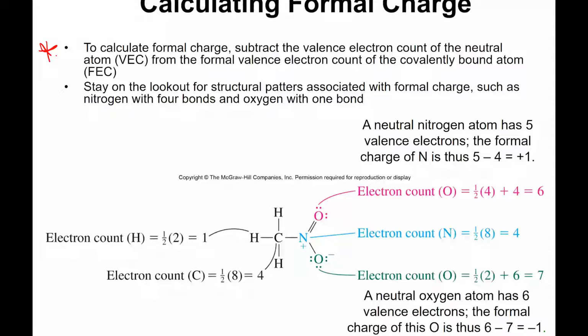So for hydrogen, for example, hydrogen's normal valence electron is 1. 1 minus 1, 0. It has 0 formal charge. That makes sense. There's no positive charge on it or negative charge here. For this carbon, carbon normally has 4 valence electrons, and the number we calculated for it here was 4. So 4 minus 4 also equals 0.